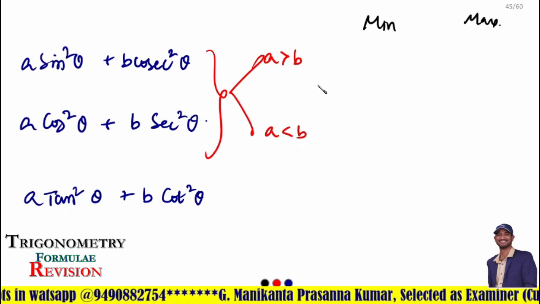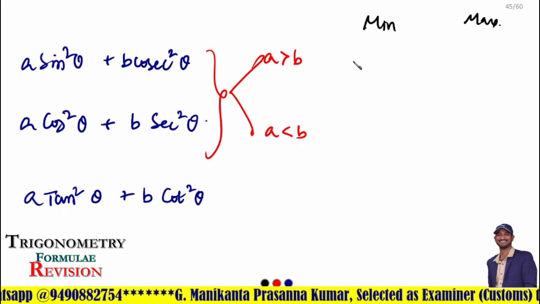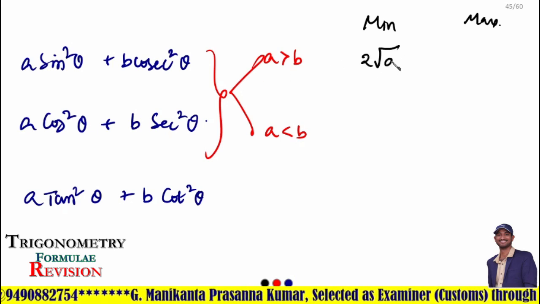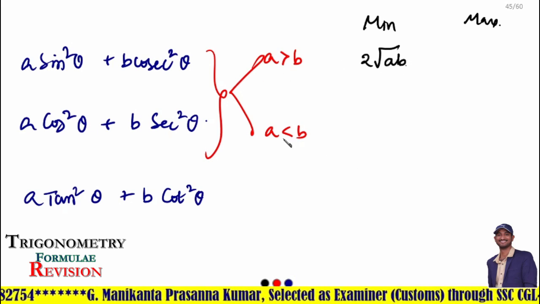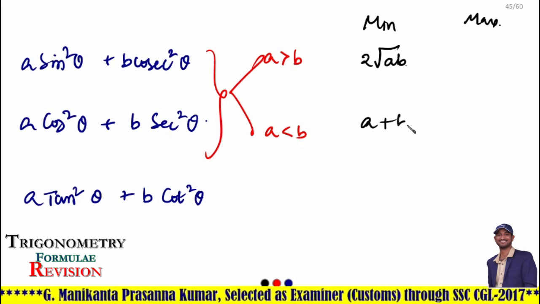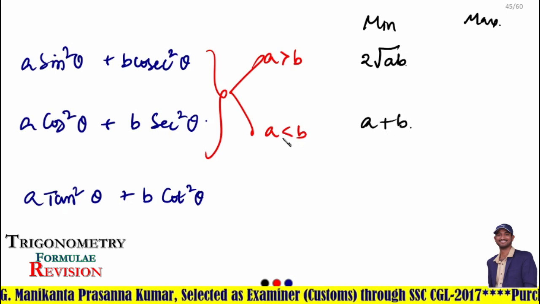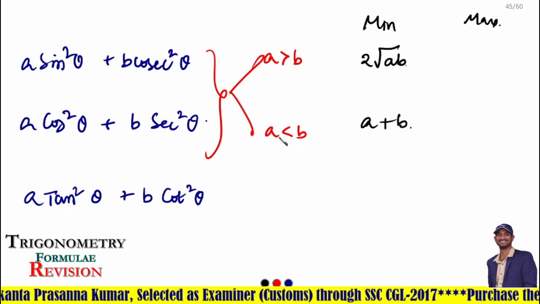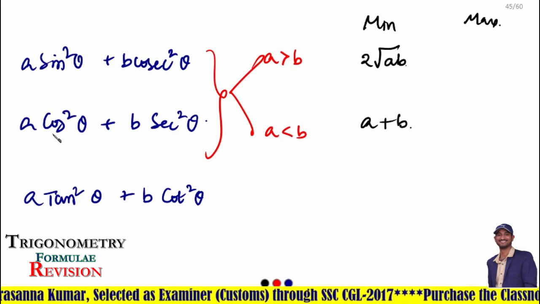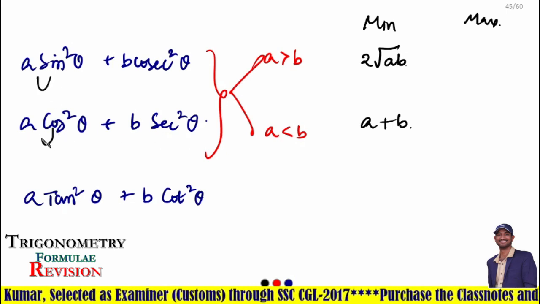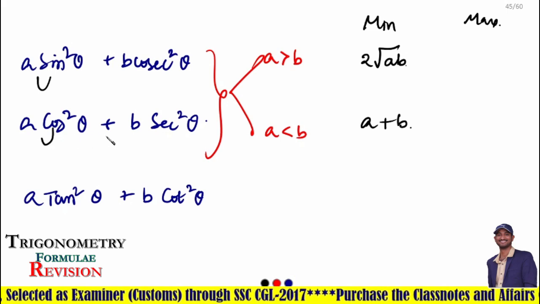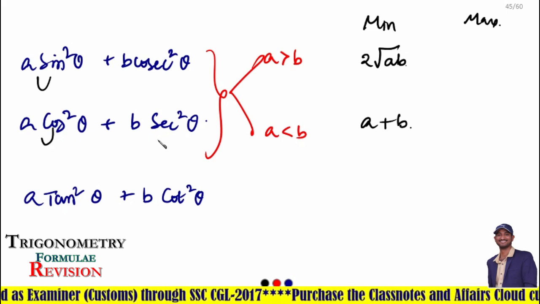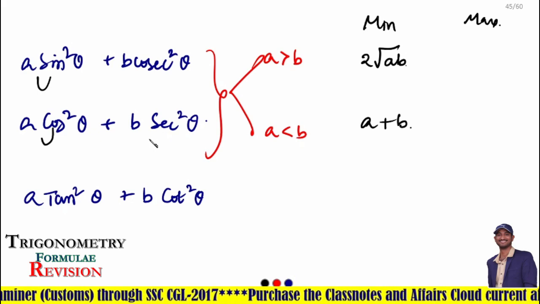When a is greater than b, the minimum value is 2 root ab. When a is less than b, the minimum value is a plus b. Please remember, a less than b means the coefficient of sine square or cos square is less than the coefficient of its complementary trigonometric function.